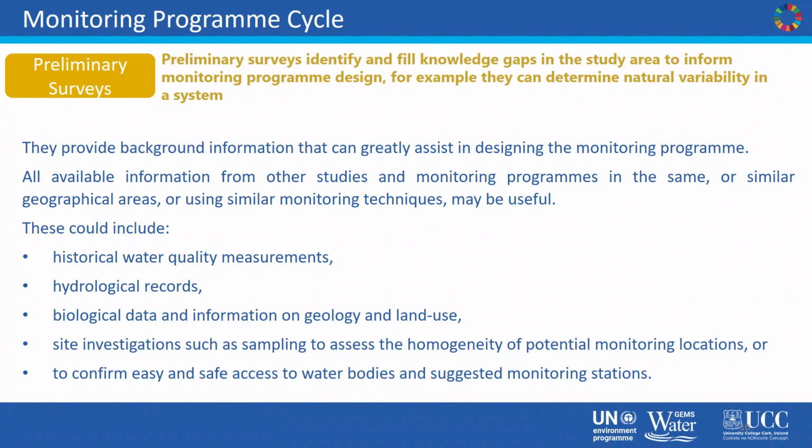For example, across a river the water quality may not be consistent, so some preliminary surveys may be needed to define exactly where best to do the monitoring. It is also important to check that any identified or potential monitoring sites are easy and safe to access, and that we are not introducing any potential risks to field staff.